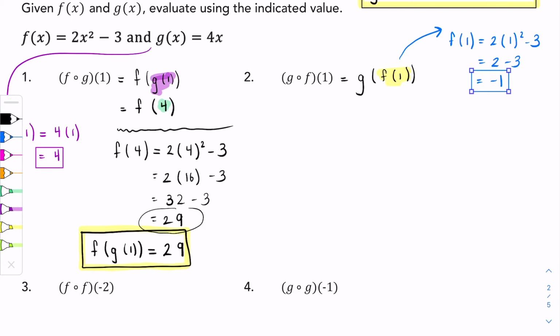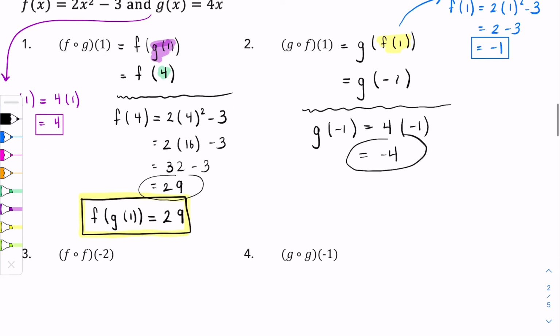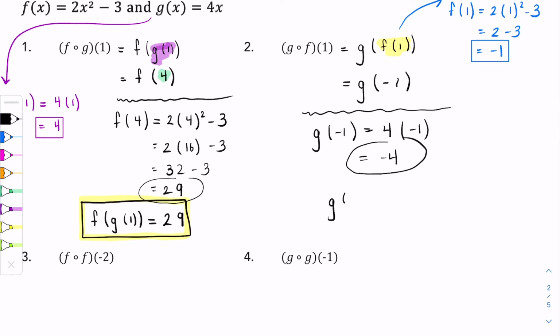F of 1 is equal to -1, which I can replace inside my composite function. And now I can evaluate the g function at -1. This would be 4 times -1, which is just equal to -4. That is the last step, telling us that g of f of 1 is equal to -4.